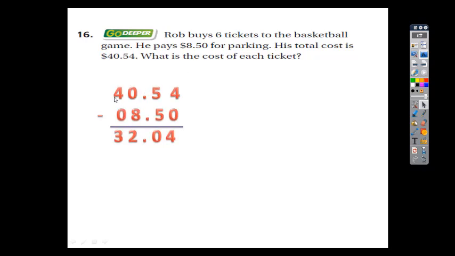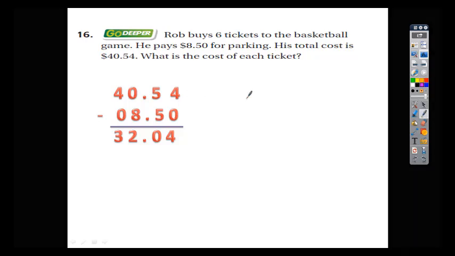So here, the first step, the total money that you paid, which is 40.54, you have to make minus 8.50 to get the total cost of the 6 tickets, because you pay this number for the parking. So let's make minus. 4 minus 0 equals 4, and then 5 minus 5 equals 0.